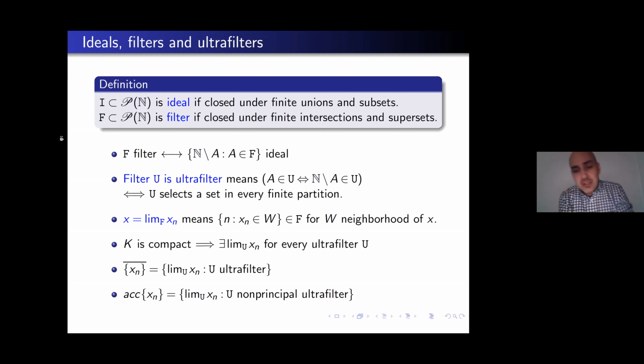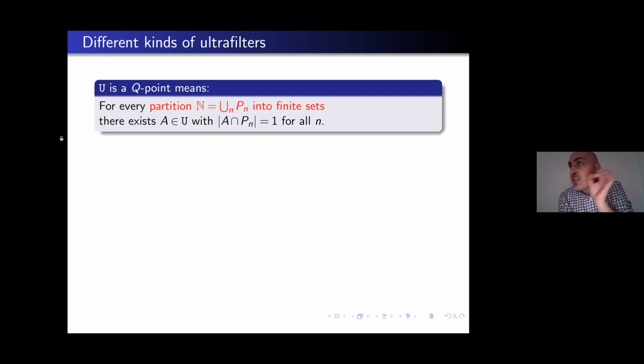An ultrafilter is called a Q-point if whenever I make a partition of the natural numbers into finite sets, well, I should say here non-empty finite sets. Sorry, I forgot to make the sets non-empty. For every partition into non-empty finite sets, there is an element of the ultrafilter that picks one element from each piece.